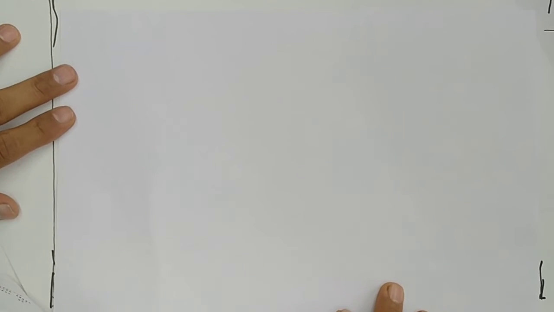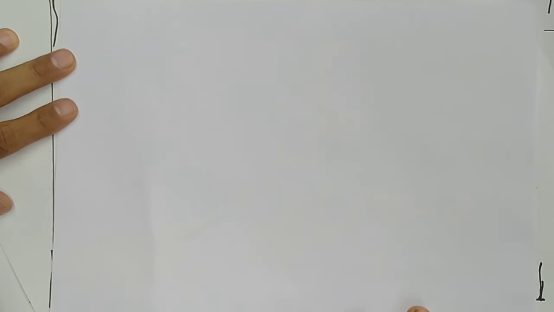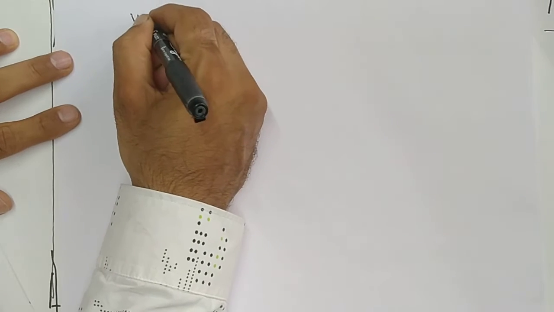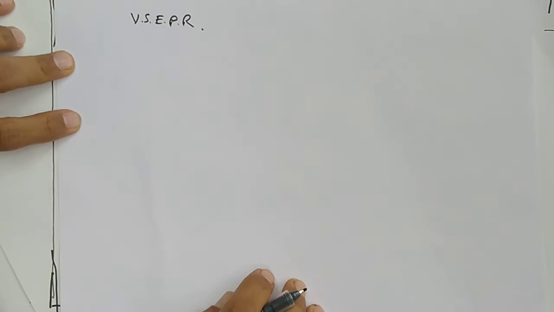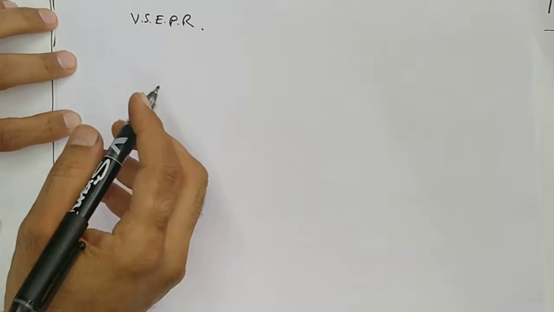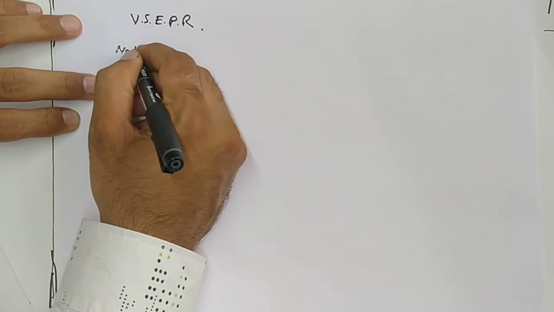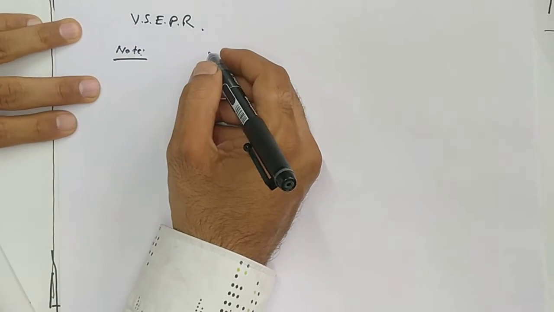Now the VSEPR principle, valence shell electron pair repulsion. There is an important note.